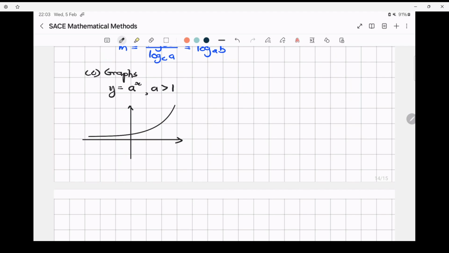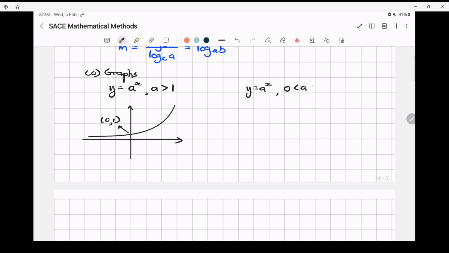Over here is when your x equals 0. Sorry, over here your x is 0, so this should be (0, 1). Okay. So what else? Let's say the same thing, y equals a to the power of x, and your a is between 0 and 1.